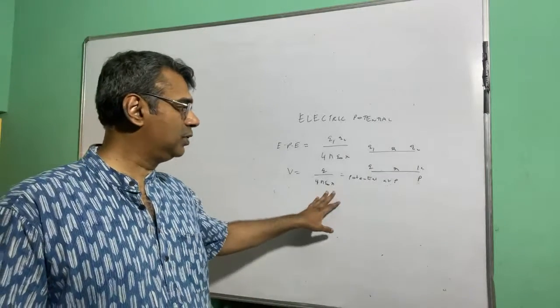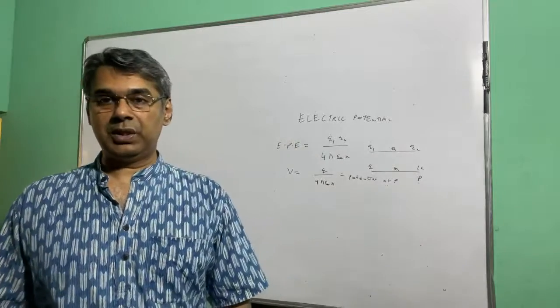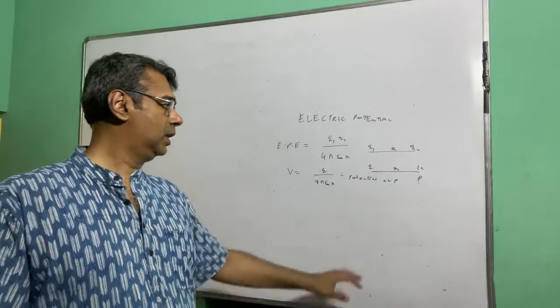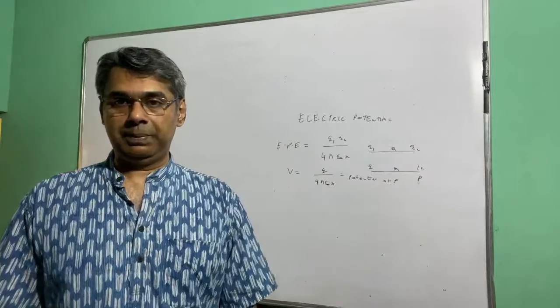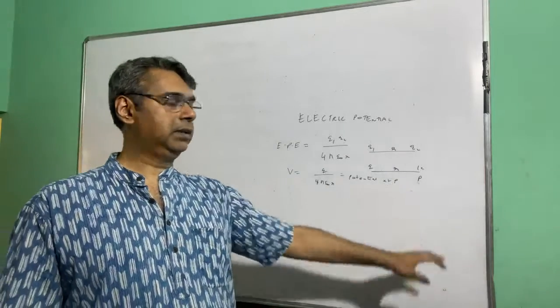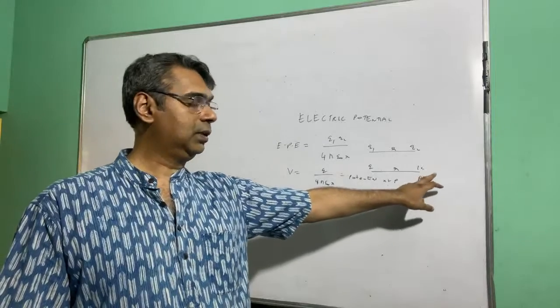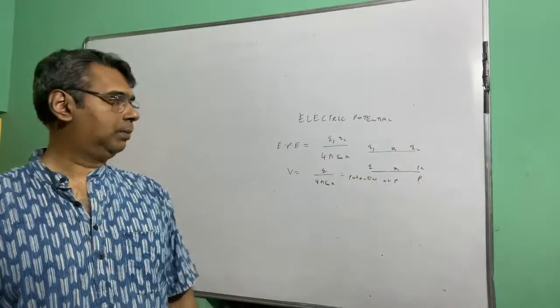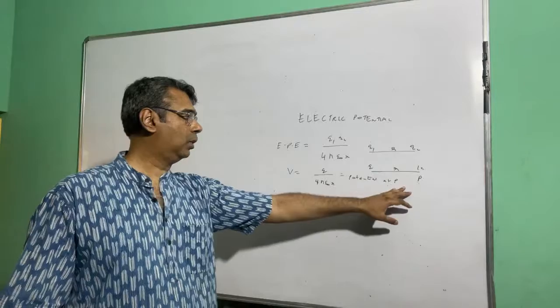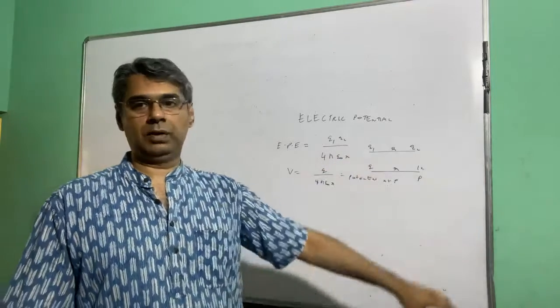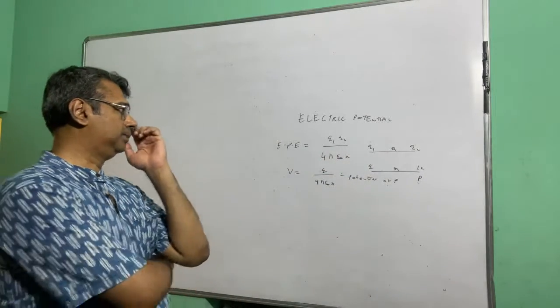But when you say potential, the definition is for a particular point in space. So potential is for a particular point, and potential energy is for a system of charges.